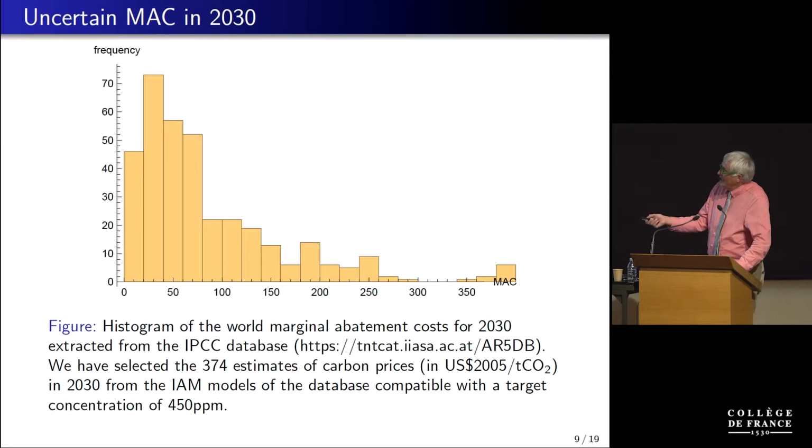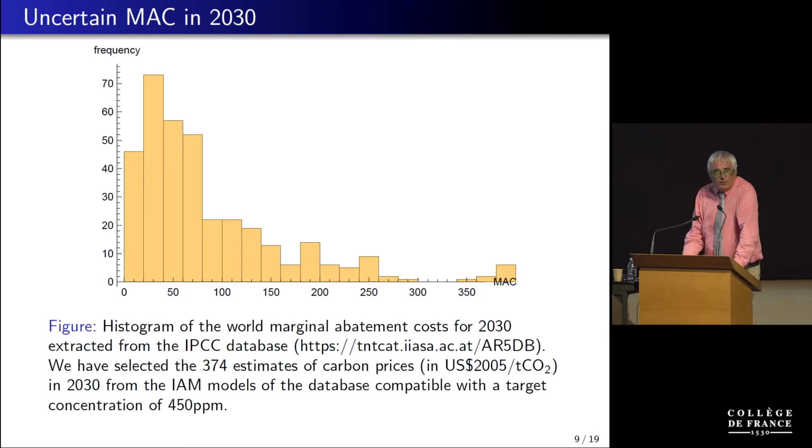And you see there is very large disagreement among experts about what should be that price. Okay, so there are models assuming that we will basically not need any carbon price to get to the objective, and there are others that estimate very large carbon prices by the year 2030 in order to get to the objective.